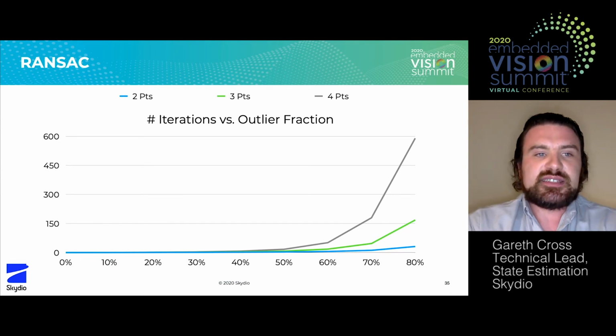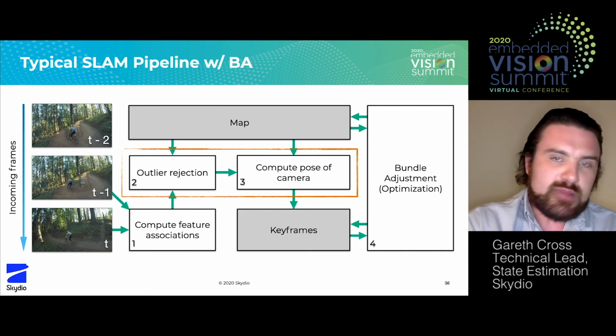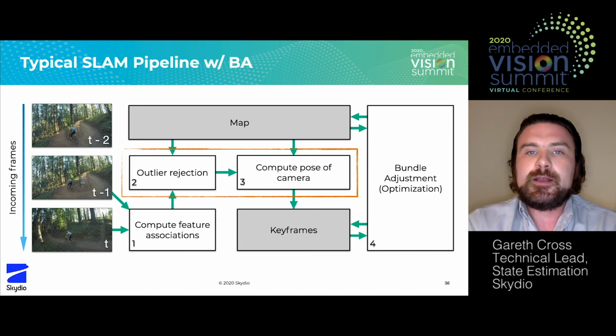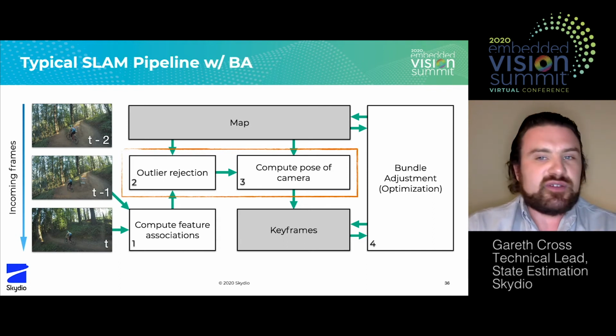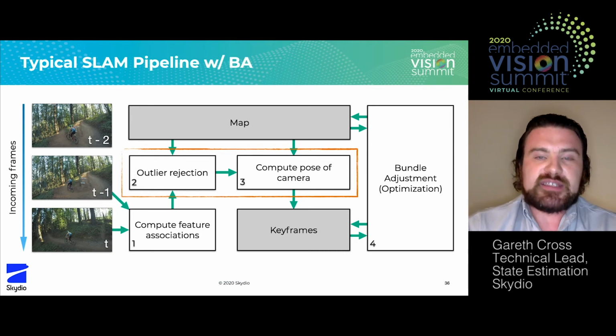Usually in this SLAM pipeline, this will fit in here. After you've gotten your 2D feature associations from either your descriptor matcher or your optical flow-based tracker, you'll run them through some kind of outlier rejection. There are a bunch of different algorithms you can use here, but you typically do that before you do the bundle adjustment optimization. The reason for that is, if you recall, RANSAC scales rather poorly in the number of parameters, because as you add more parameters, you need more points to form a minimal set.